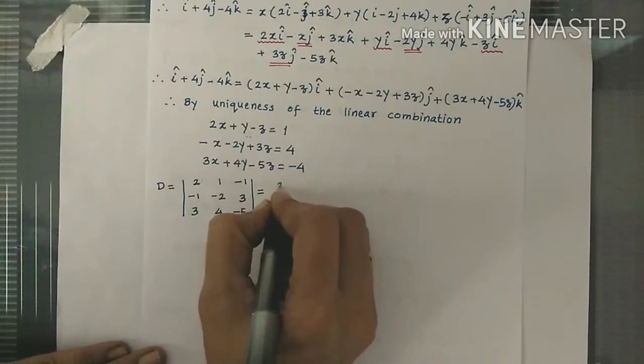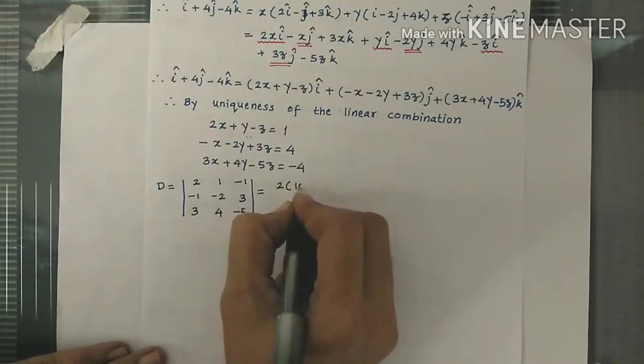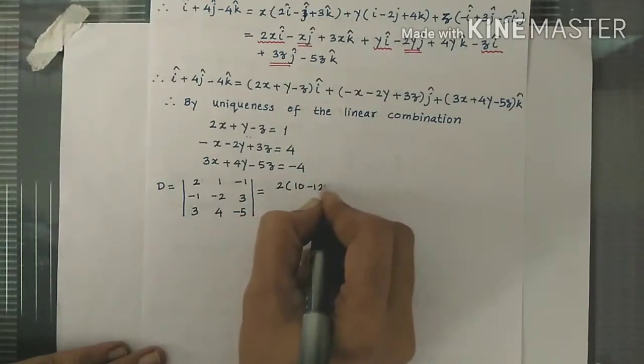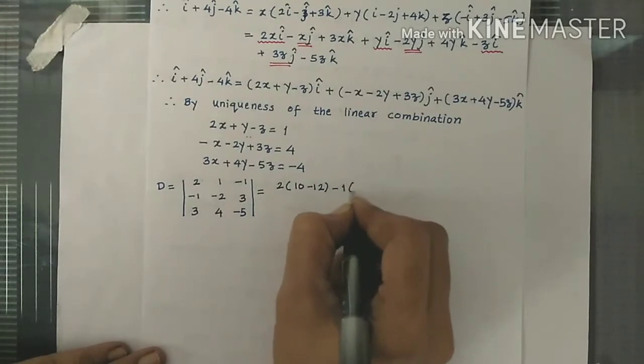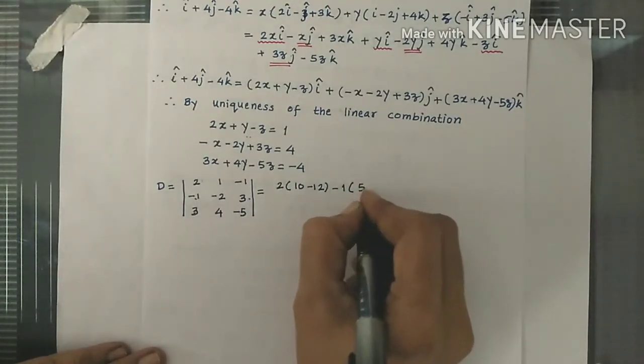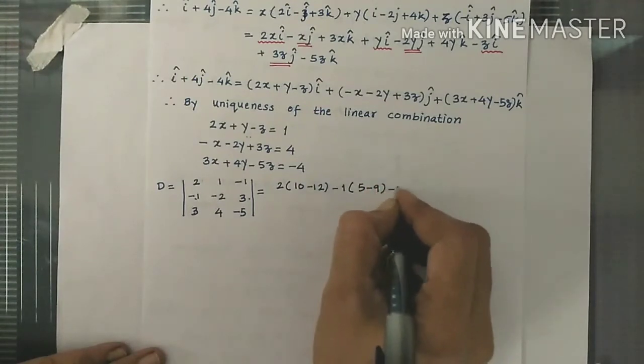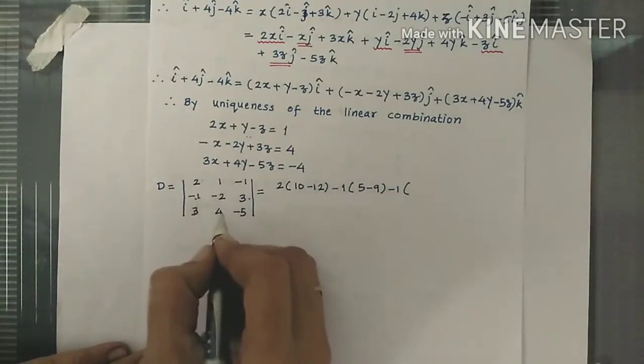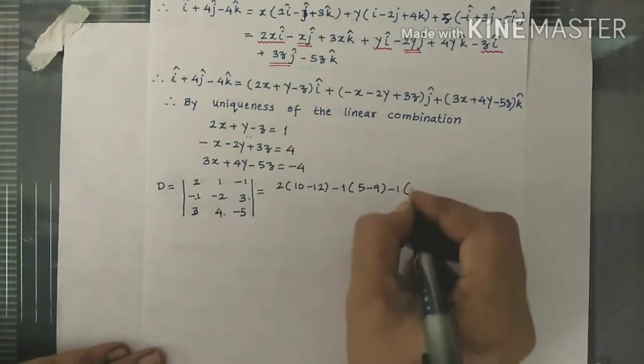So this is 2 times 10 minus 12, minus 1 times 5 minus 9, and the last term is minus 1 multiplied by minus 4 plus 6.